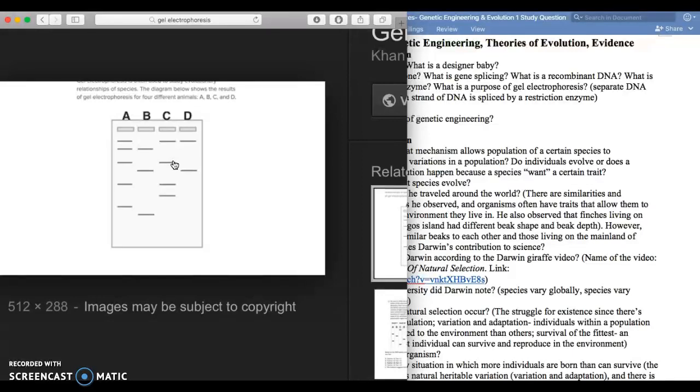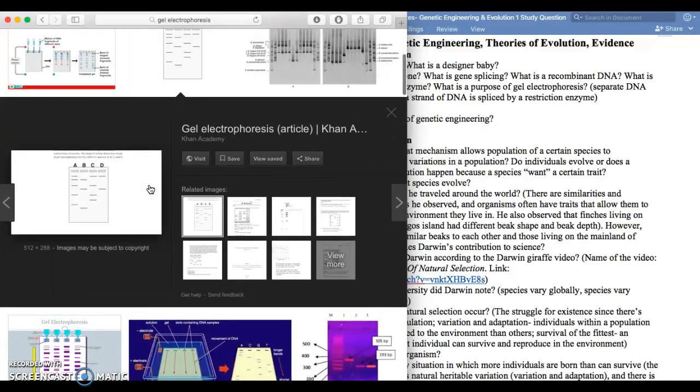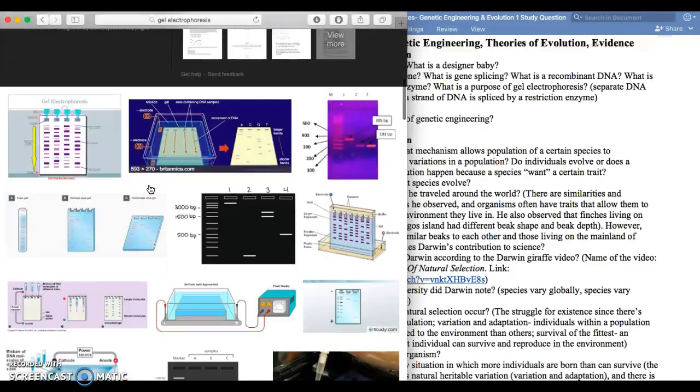So if someone were to ask you which of A, B, C, and D are most closely related to each other, A and C is probably the one because we have the most similar bands. We have 1, 2, and 3 bands of DNA that are exactly the same. That means those pieces of DNA are cut the same way. So that's just an introduction to gel electrophoresis.